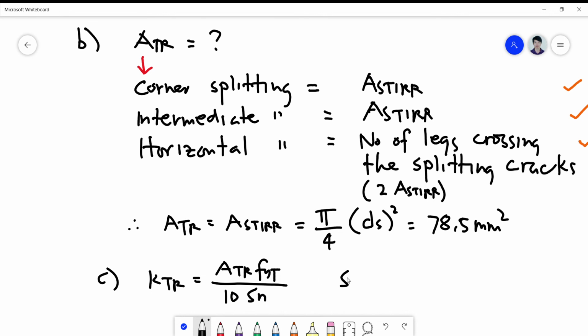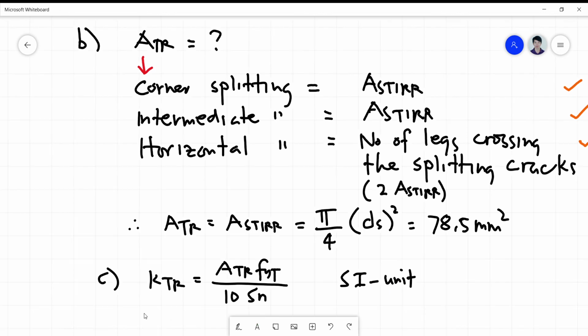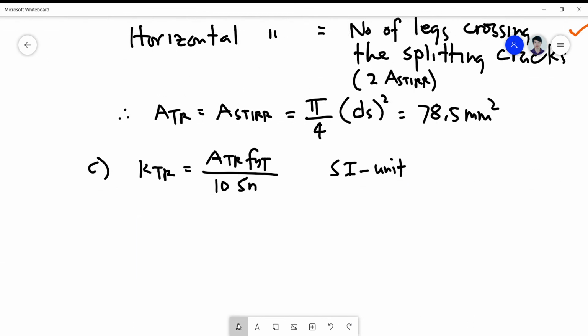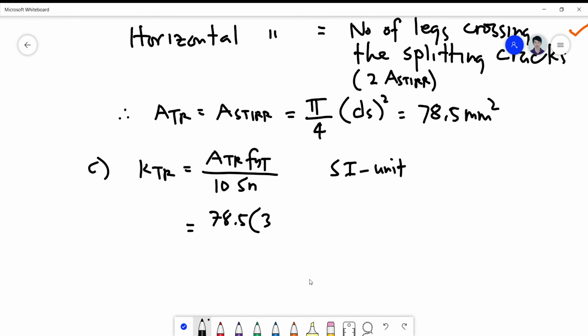Okay, so this is in SI unit. Substituting the value, so this is 78.5 times FYT, which is 300. I think it's 250 in the problem, so let's check it.